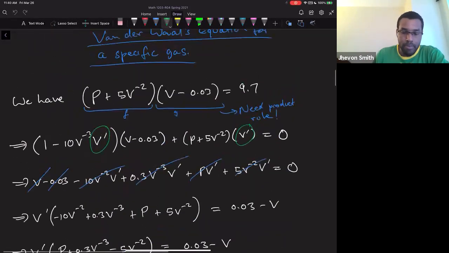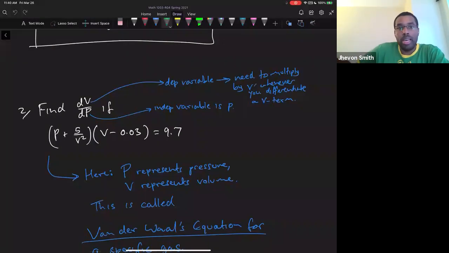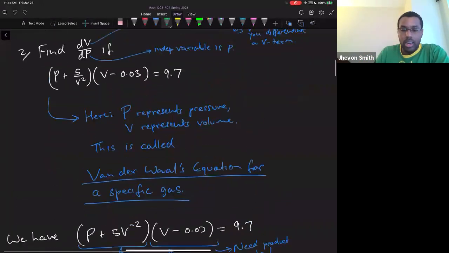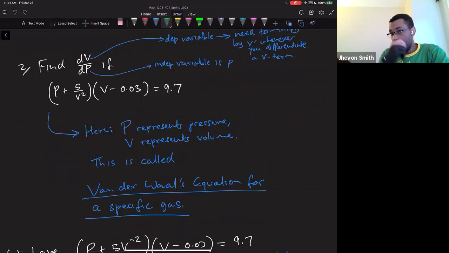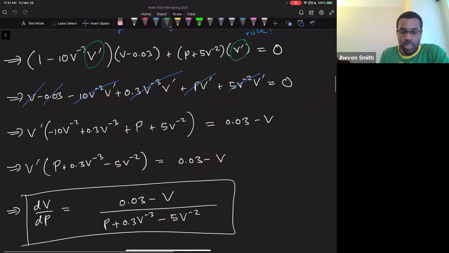So we did a couple of those. We did something that did not involve x and y specifically, but the idea was exactly the same. Here our variables were v and p, and this was actually a bona fide true equation. This is from chemistry, van der Waals equation for a specific gas. We wanted to find out how fast the volume is changing as the pressure is changing, and we can do that by implicit differentiation.